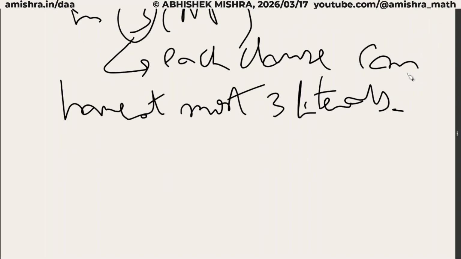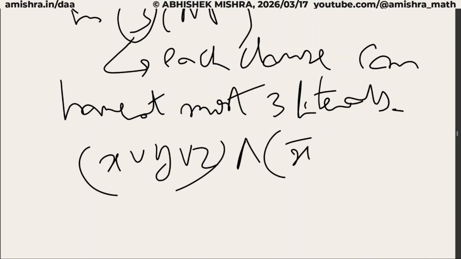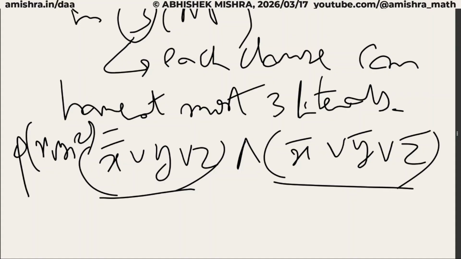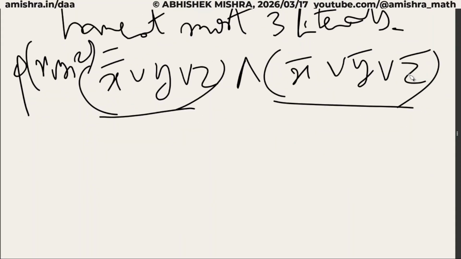One simple example we can take is (x or y or z) and (not x or not y or not z). Each clause has at most 3 literals, and this is also satisfiable. For example, if this is our phi(x, y, z), then we can take phi(1, 0, 1).